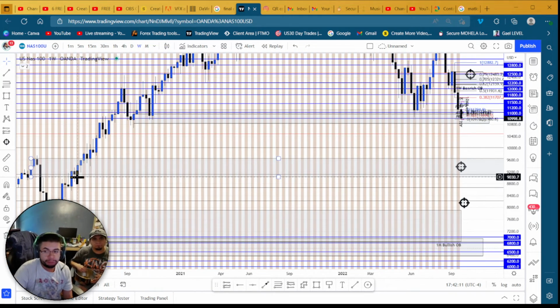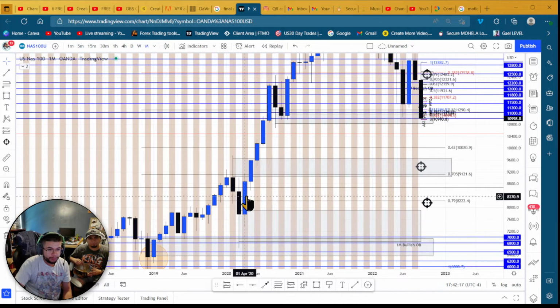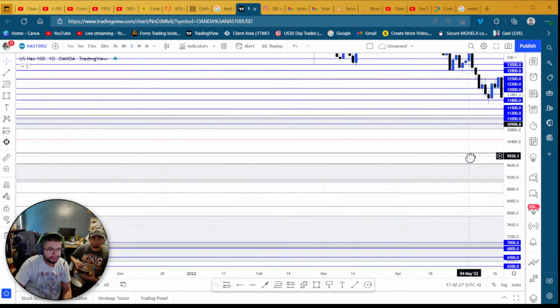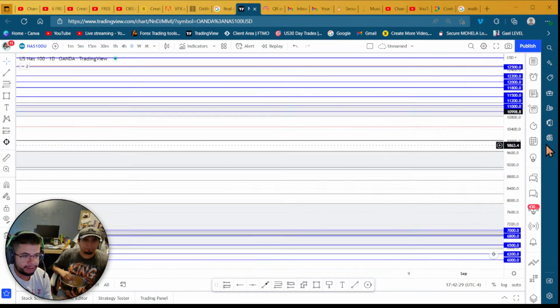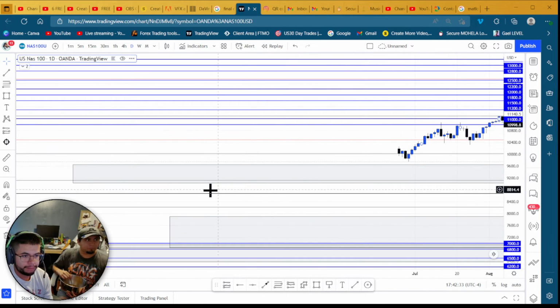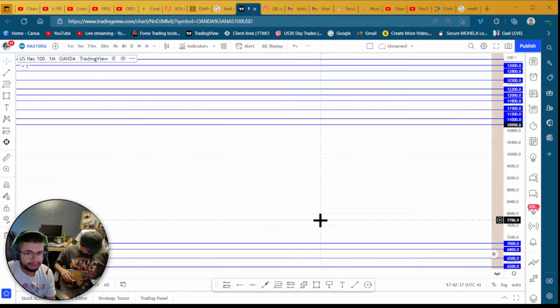We know that there's breaker blocks, meaning the last candle going up got ran through, this one right here. The last up candle came back down, got ran through, became a breaker. I wonder if I have it marked out on the daily. That's what it has. I have it marked out. No, it's going to have to be the monthly, I think.